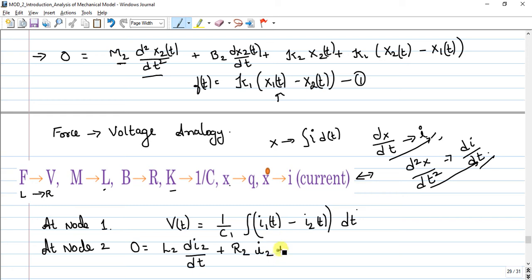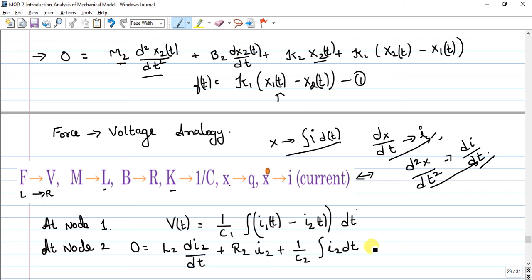And add one more. The third is k2 into x2 of t. So k2 will be replaced by 1 by c. So we shall consider k2 as 1 by c2, and x2 of t will be represented by integral i dt. The same we shall write, integration of i2 dt.